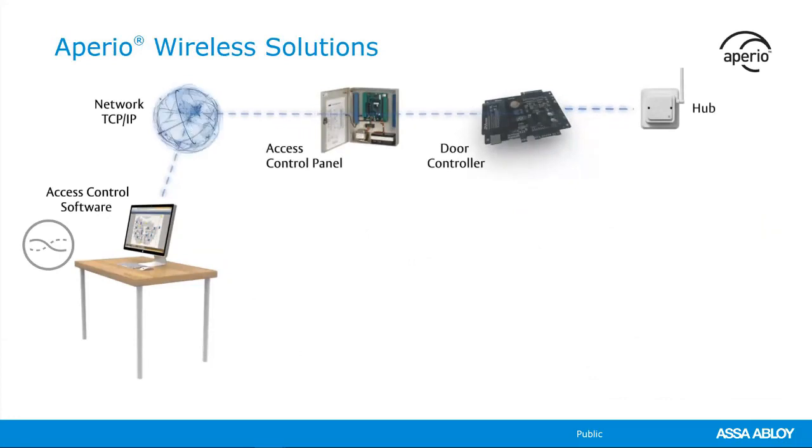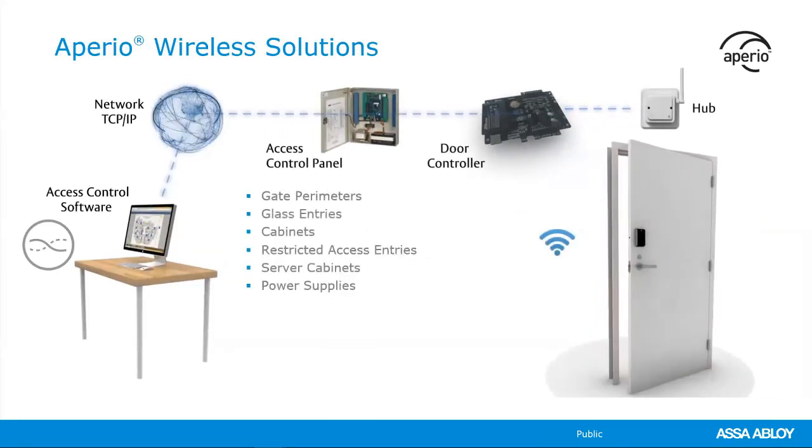So now taking a look at Aperio, you're still going to have your access control system that's networked. You're still going to have your control panel and your controller, but now you see up there what we call a hub, or a communication hub for short. That's going to be tied to your door controller, and it's going to be sitting on the wall or the ceiling of a hallway, let's say.